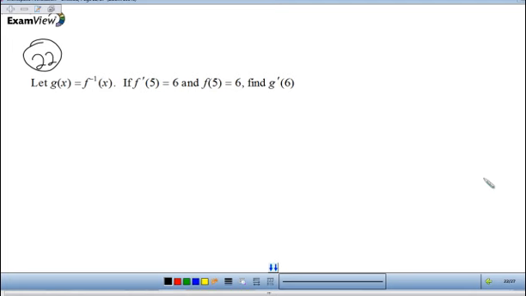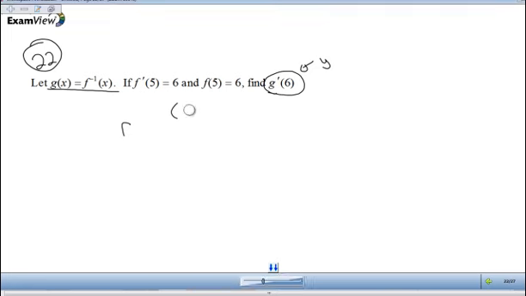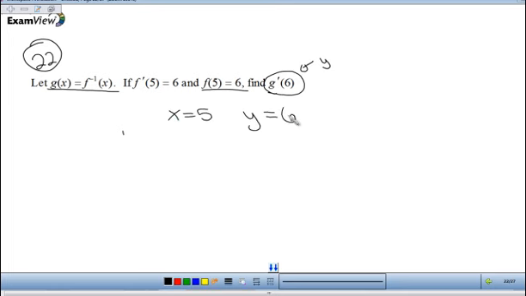Okay, so let g be the inverse. We need to find the derivative of the inverse at y. Okay, so using this information right here, we know that when x is 5, y is 6.